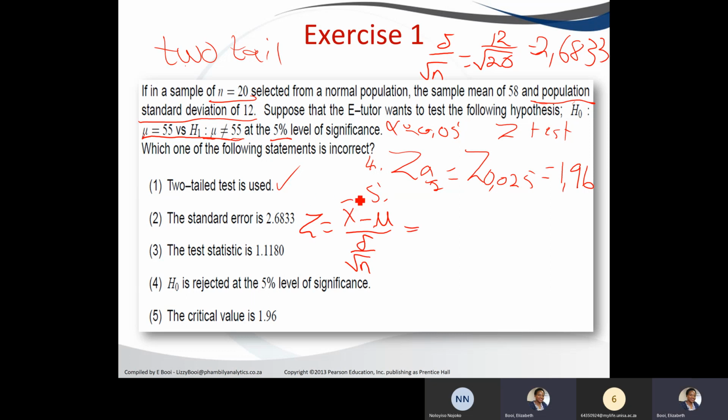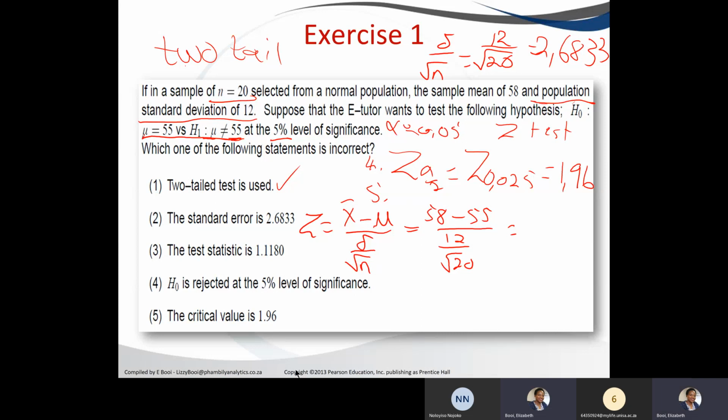Coming here, we can substitute the values. Our sample mean is 58, minus our population mean, which we find from the question, 55, divided by 12 divided by the square root of 20.